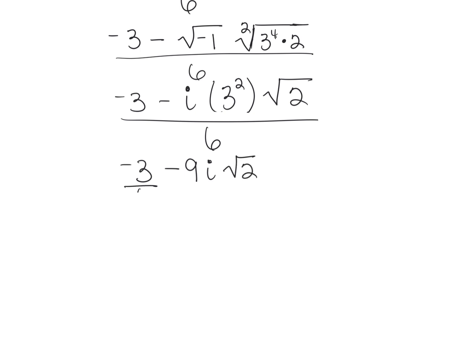And now I'm going to bust this apart and put 6 on each term. So negative 3/6 reduces to negative 1/2. Negative 9/6 turns into negative 3/2. And then I still have i square roots of 2. So since the denominators match, you can put it back together.